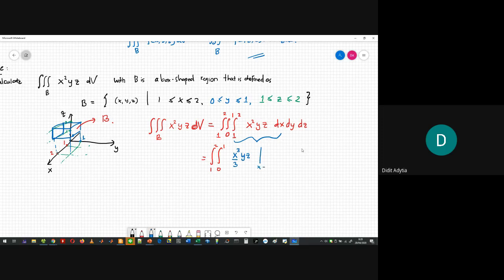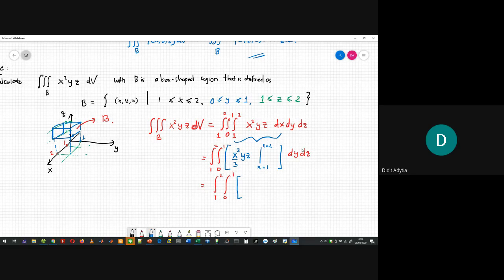And then this one is x between from 1 to x is 2. And then this one supaya nggak hancur susunannya, saya pakai dy dz. Saya pakai kurung, okay? And then it's become this one is from 1 to 2. This is 0 to 1. And then now we substitute in the blue one, okay?